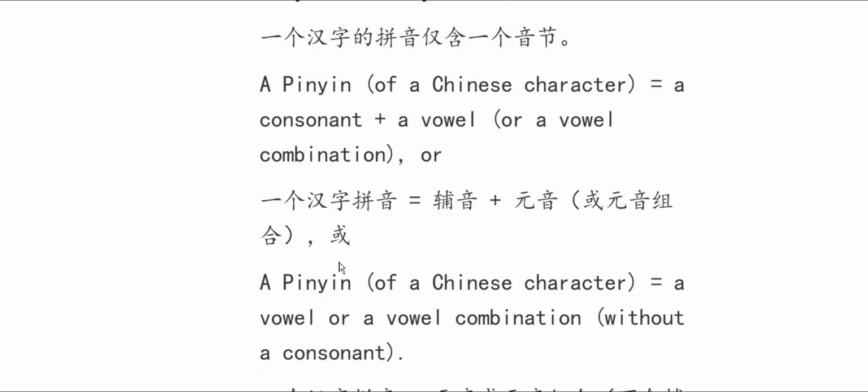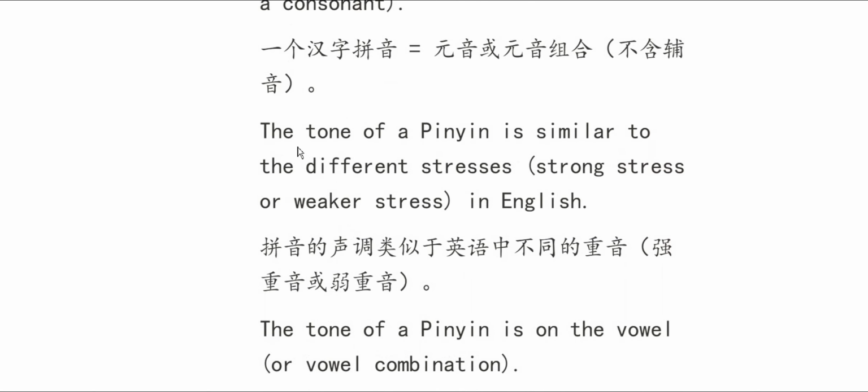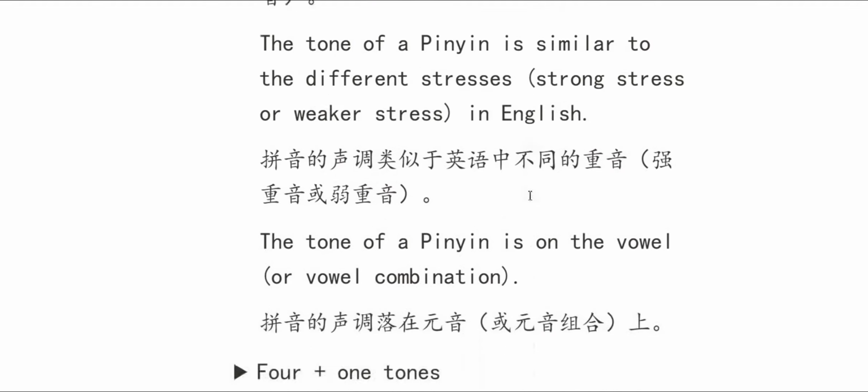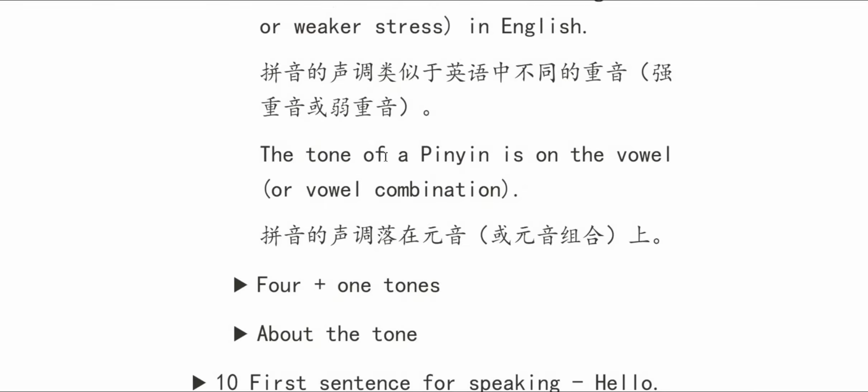So there are two cases. The tone of a pinyin is similar to the different stresses, strong stress or weaker stress in English. The tone of a pinyin is on the vowel or vowel combination.